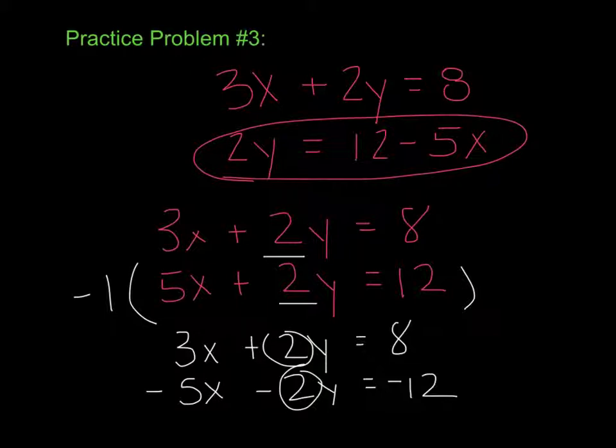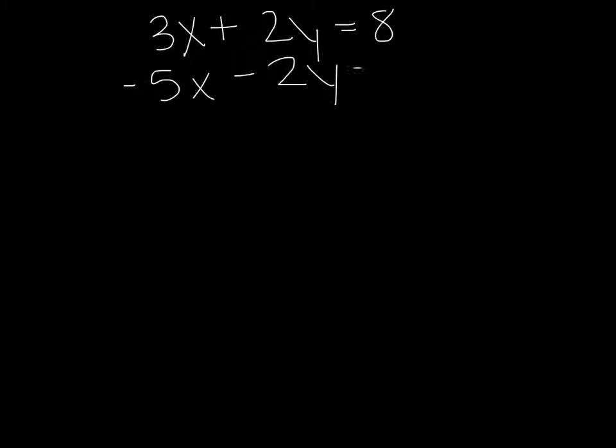So I need to add those together. 3x plus 2y equals 8. Negative 5x minus 2y equals negative 12.